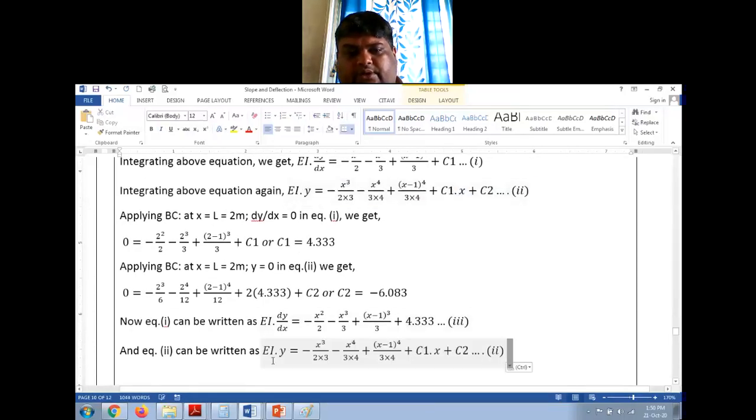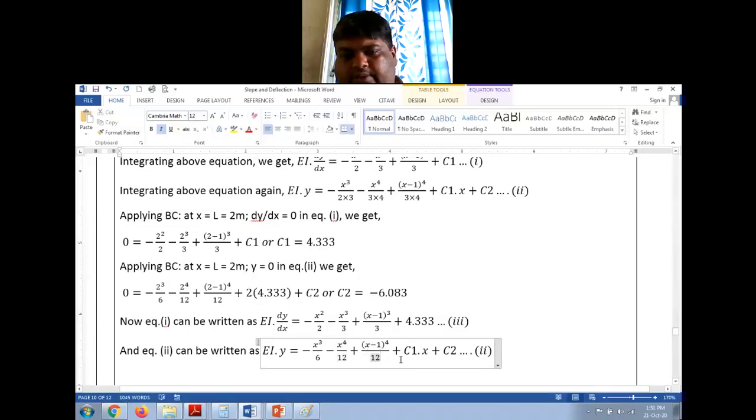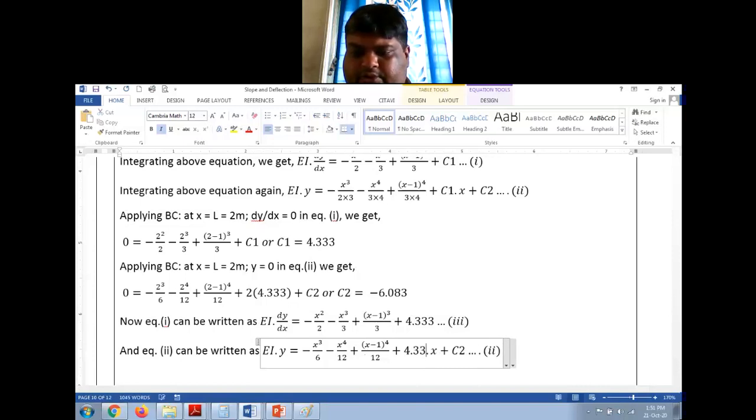equation here. Let me just do the simplification. 2 into 3, it becomes 6. This becomes 12. This is also 12. C1 is 4.333. 4.333 x plus C2.